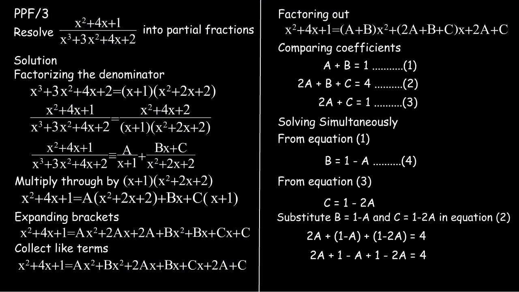And rearranging further, it becomes 2a minus 2a plus 1... which becomes minus a plus 2 is equal to 4, and minus a will be equal to 4 minus 2, minus a will be equal to 2, or a is equal to minus 2.